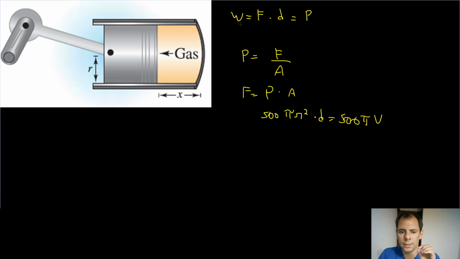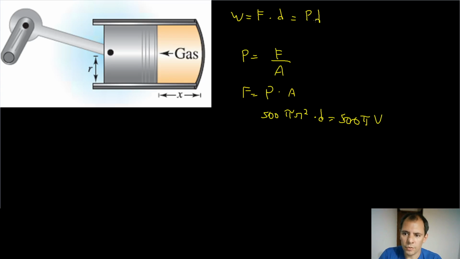Well, since you are going just a little bit in the x, the pi r squared is not going to change. The radius of the piston doesn't change, but how much the piston goes or comes, that's what's changing. That's the dx.